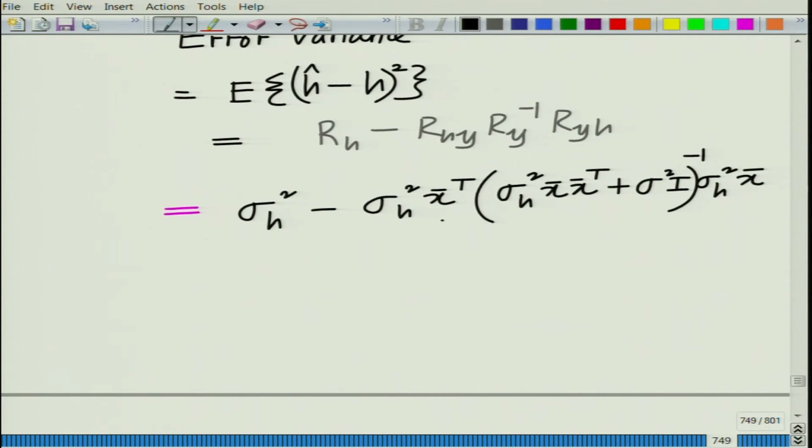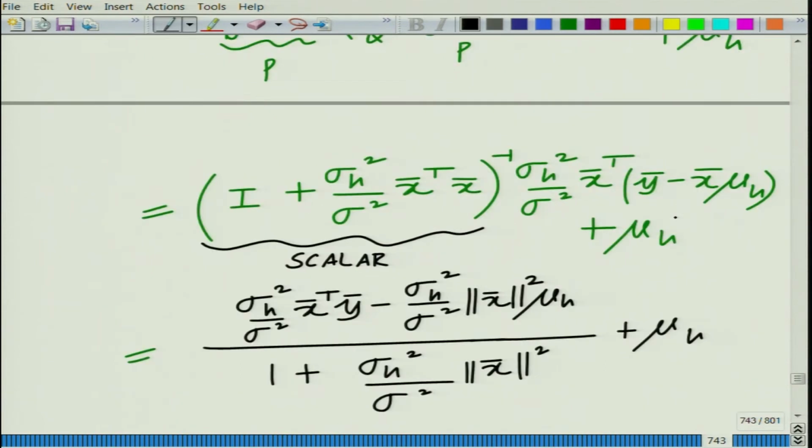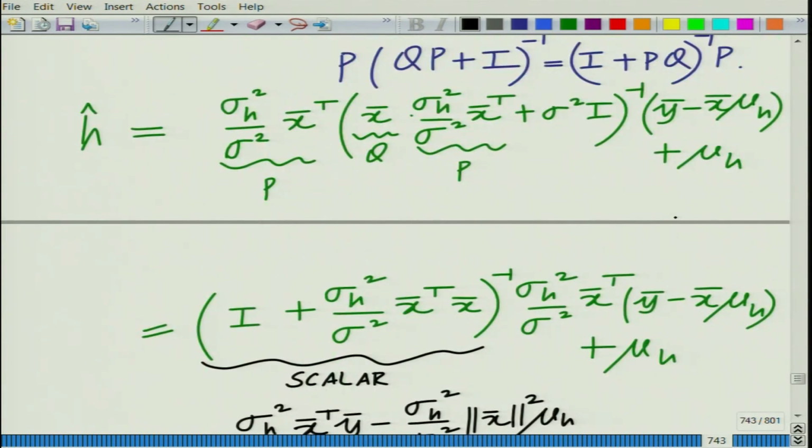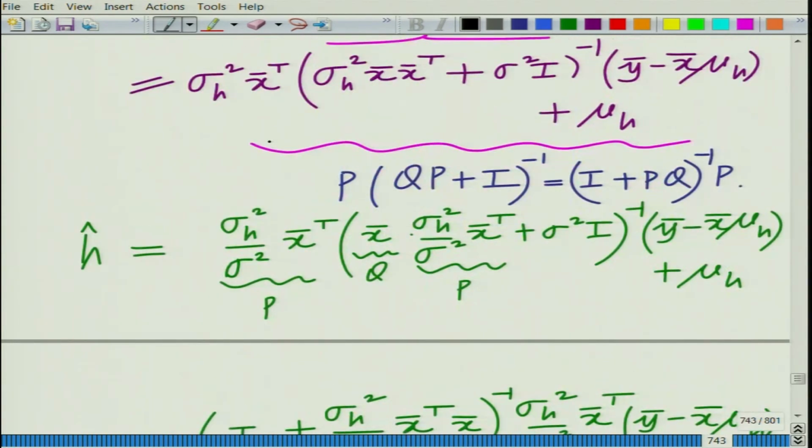So, this is your R h y, R y inverse into R y h, and if you look at this, this quantity is exactly what we had simplified earlier. This quantity is exactly what we had written as p into q p plus I inverse. So, if you look at it, this is exactly this quantity.